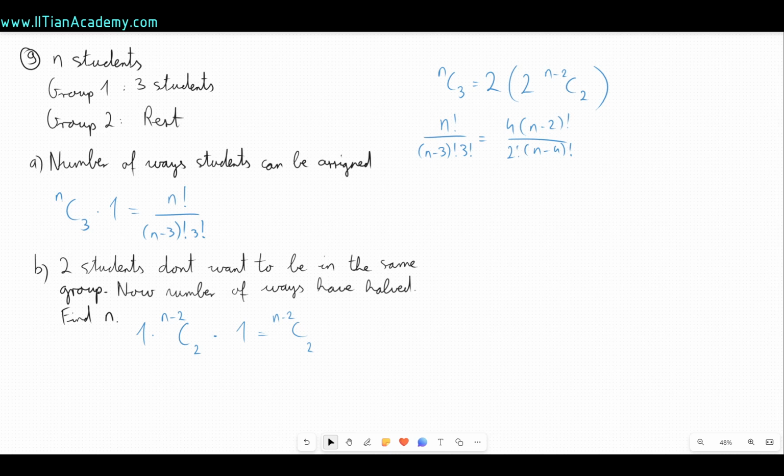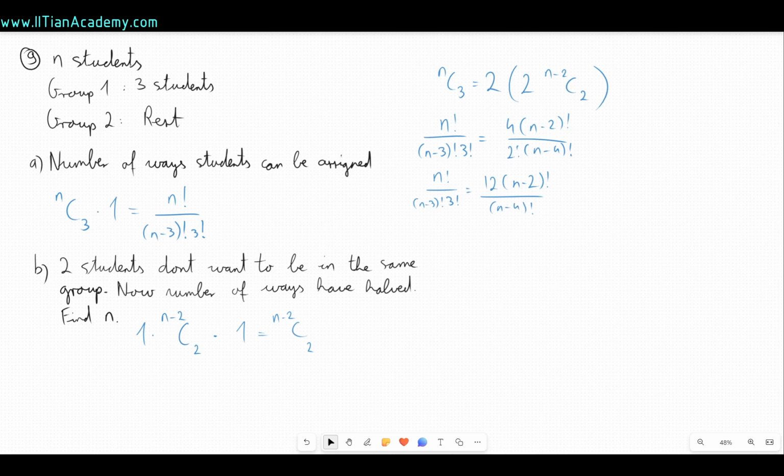So, well, 3 factorial is 6. Here we have a 2, 4 over 2 factorial. So overall, we'll just have n factorial over n minus 3 factorial times 3 factorial is equal to 12 times n minus 2 factorial over n minus 4 factorial.